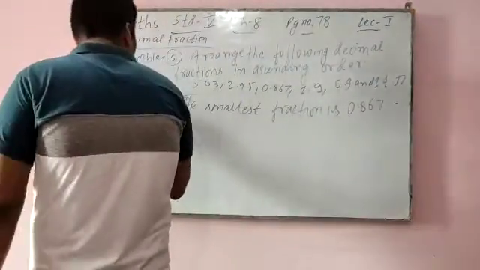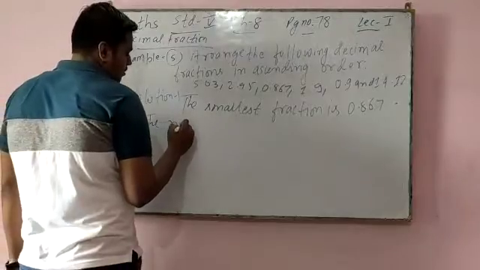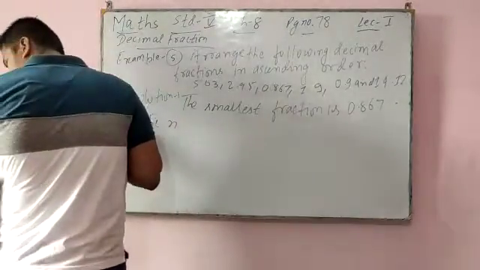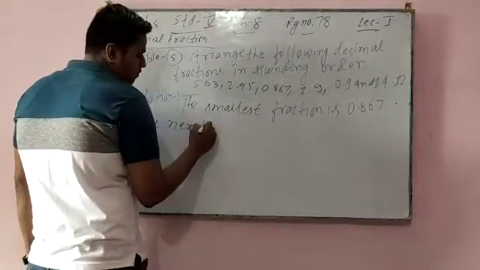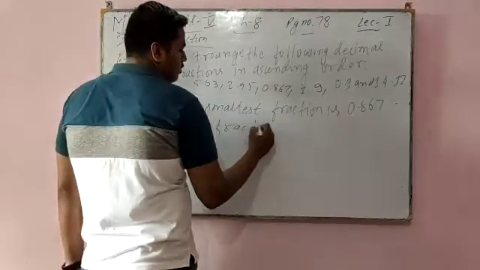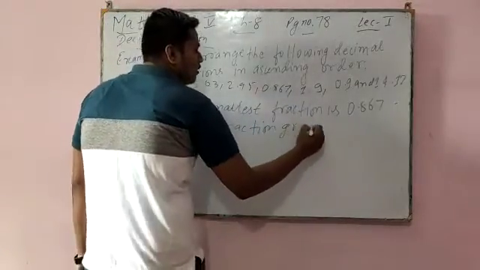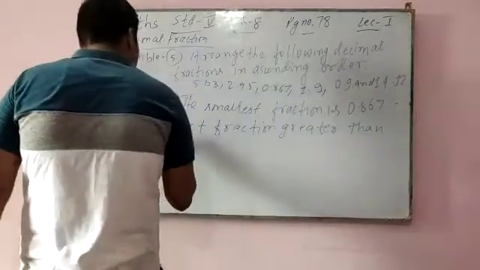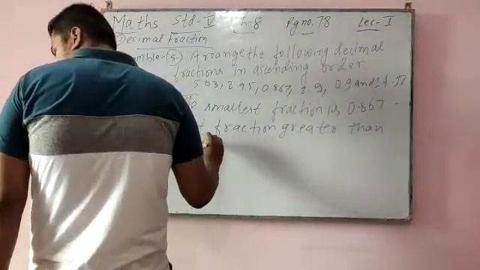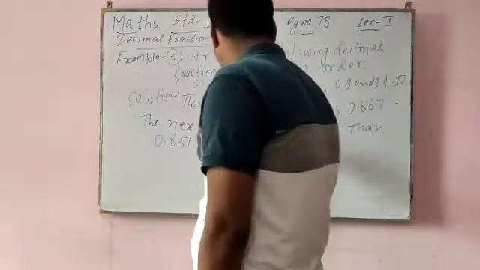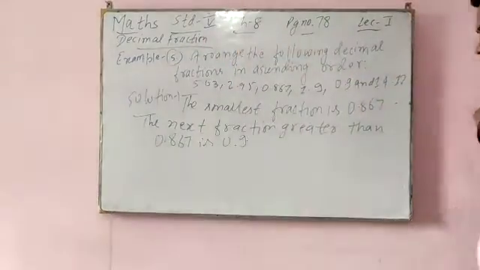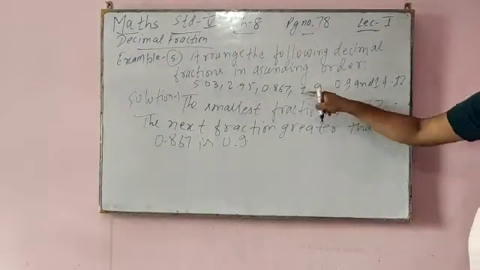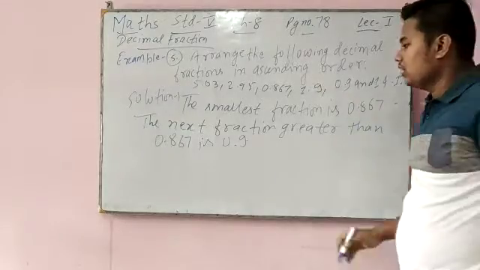Now the next fraction greater than 0.867 is 0.9.